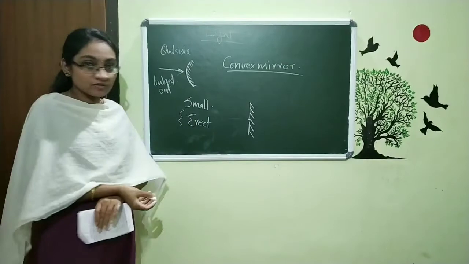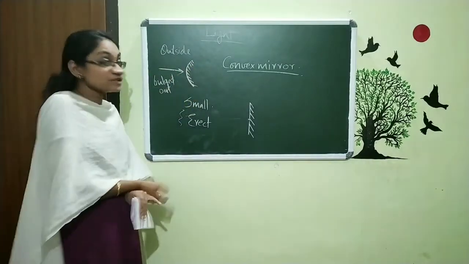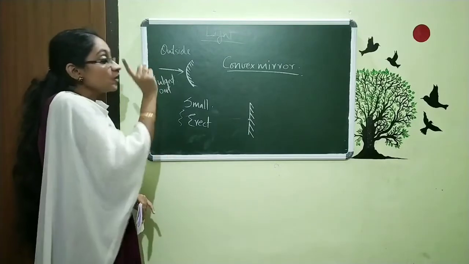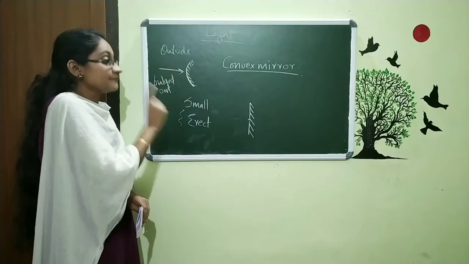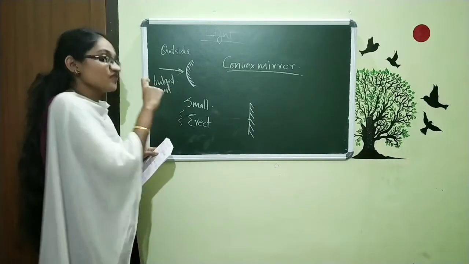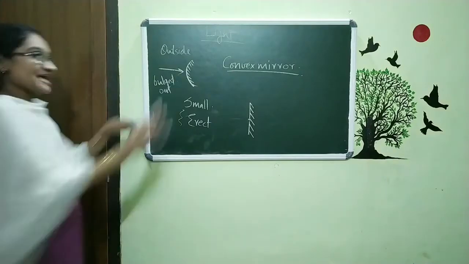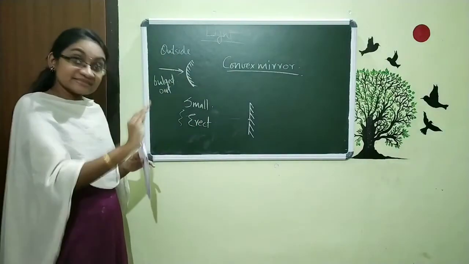I am repeating this because the next type of mirror is the reverse of this. So a convex mirror is a type of mirror which is bulged outwards. Now we are going to repeat the same thing for the inside of our spoon.